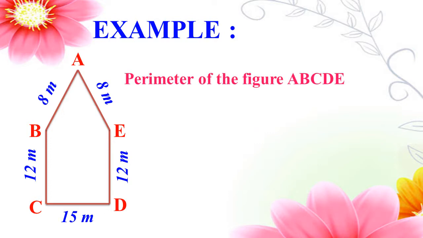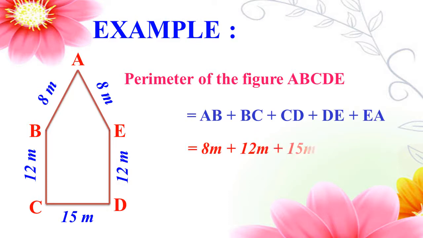So, perimeter of the figure ABCDE, we already know the perimeter means sum of all sides. So, AB plus BC plus CD plus DE plus EA. Let us write the length of all sides.